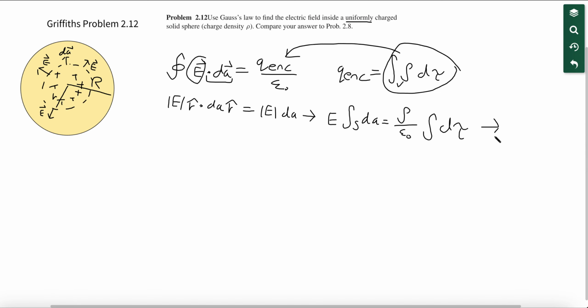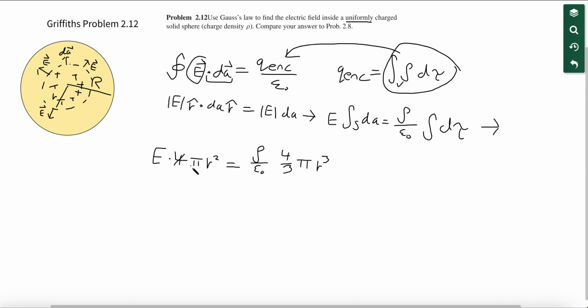When we do the integrals, we get that E times the surface area of a sphere, which is 4 pi r squared, is equal to rho over epsilon naught times 4 thirds pi r cubed, which is just the volume of a sphere.